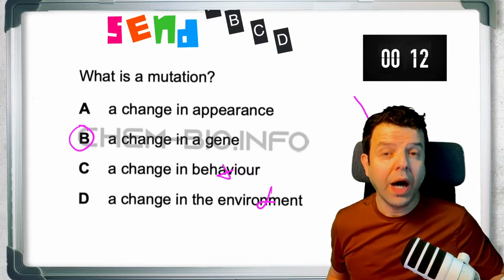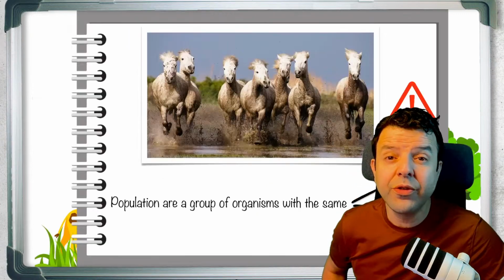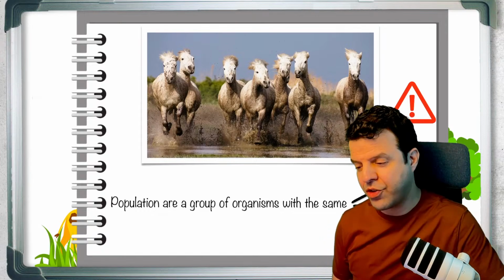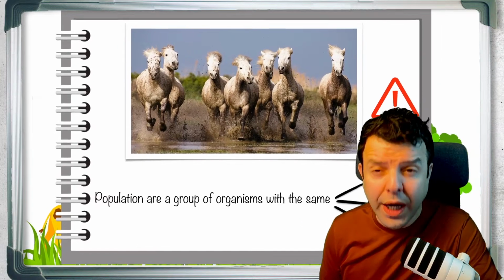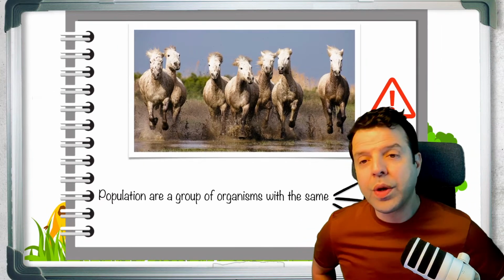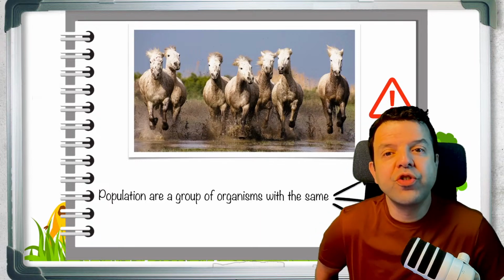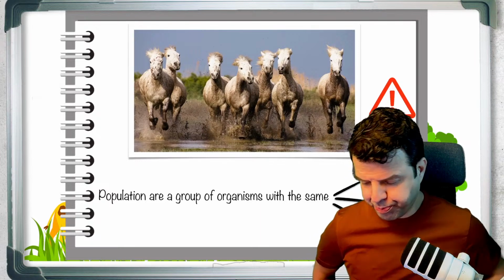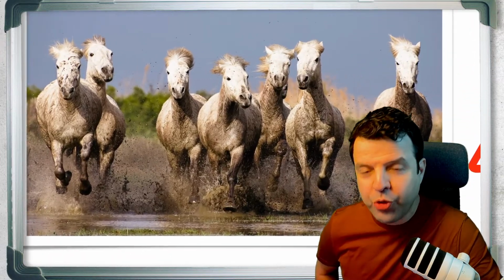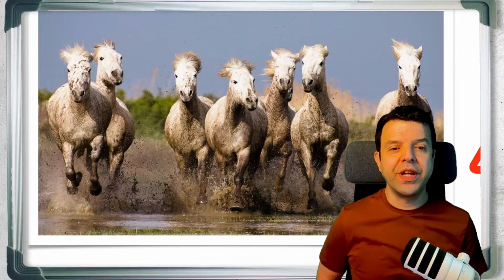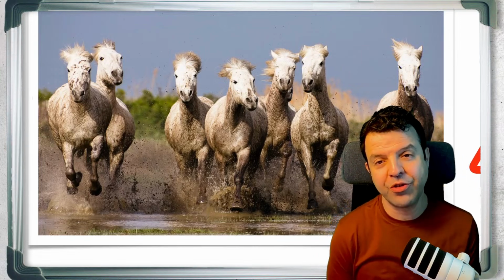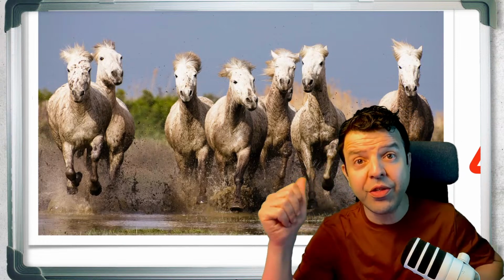All right. Now, I want you to listen to this definition very well. Usually this comes quite often and it's worth 2-3 marks. This is the definition of a population. What is a population? These horses here represent one population, and to be members of the same population, you have to have 3 things in common.